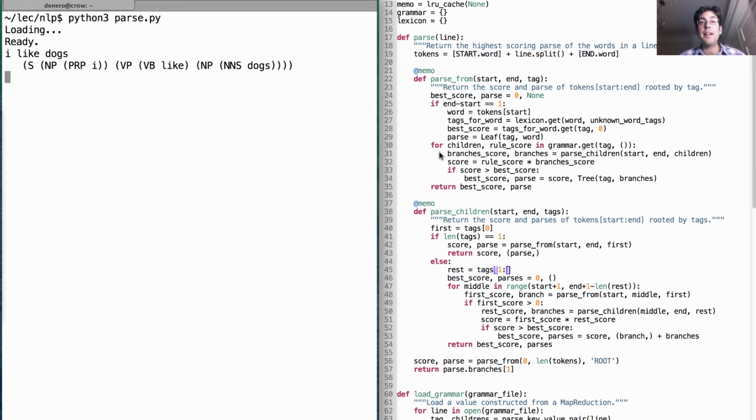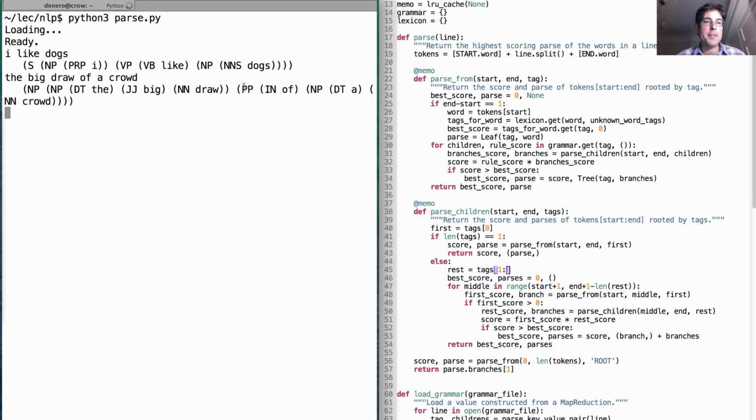Neat. Now this does have the capacity to disambiguate ambiguous things. So if I want to write, for instance, "the big draw of a crowd", then we'll notice that "the big draw" is a noun phrase, and "of a crowd" is a prepositional phrase modifying that noun phrase. So the whole thing is a noun phrase.